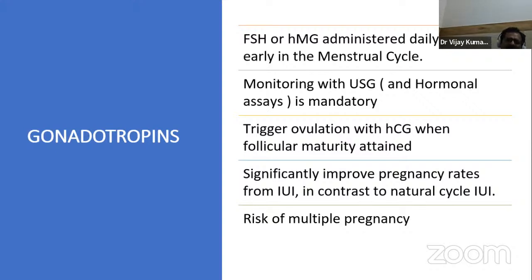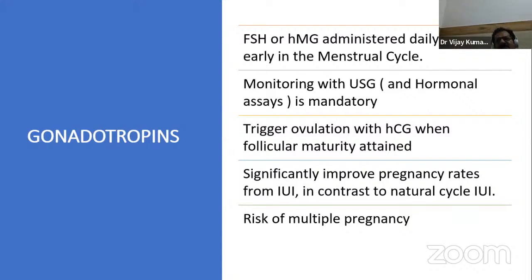Apart from these two molecules, there is one more, that is the gonadotropins. This is also used for ovulation induction. Basically, we have to use FSH, but in earlier days, there was no appropriate technology for manufacturing pure FSH.